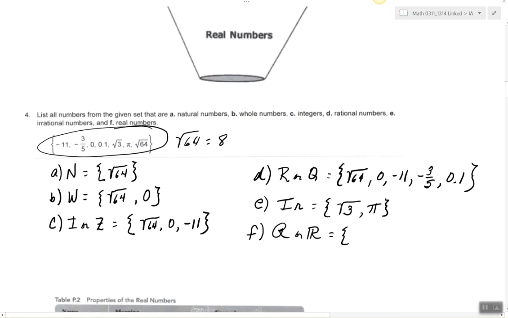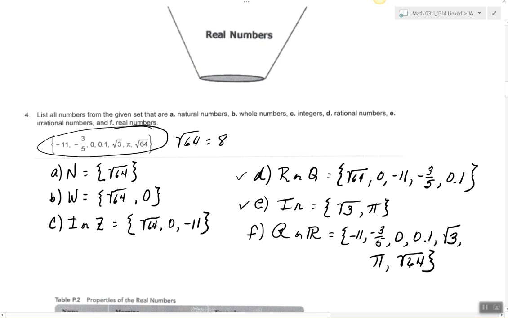It does not matter about the order you write them down. So I'm going to put negative 11, negative 3/5, 0, 0.1, square root of 3, pi, and the square root of 64. Because if you combine the rational numbers and the irrational numbers, everything is real.